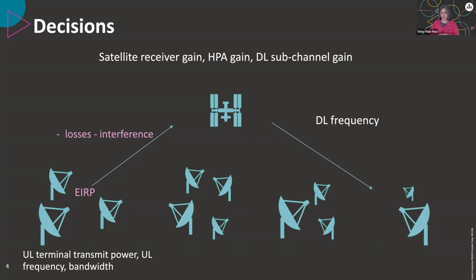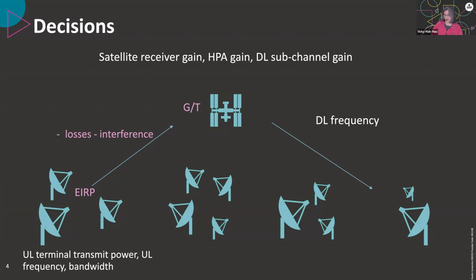The free space path loss depends on the transmission distance and also the wavelength, but the wavelength depends on the frequency. And then the EIRP limits your power. There's also another thing called SPFD, the spectral power flux density, which is also bounded, and that limits your EIRP, and it also depends on the bandwidth.